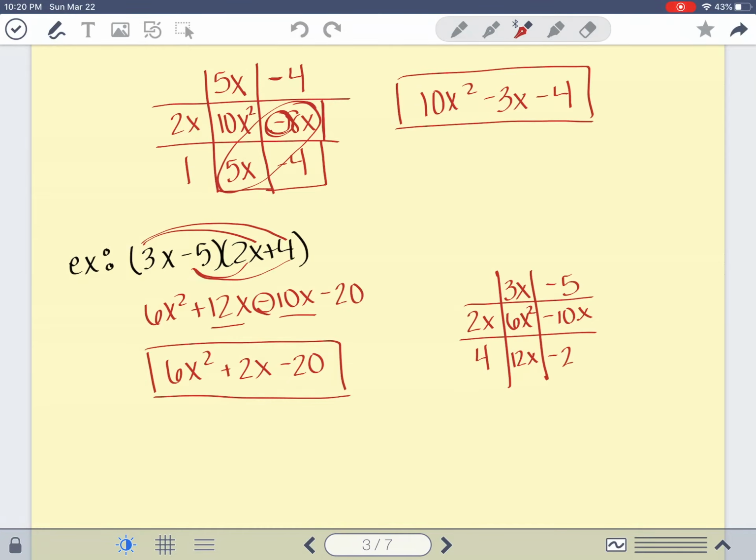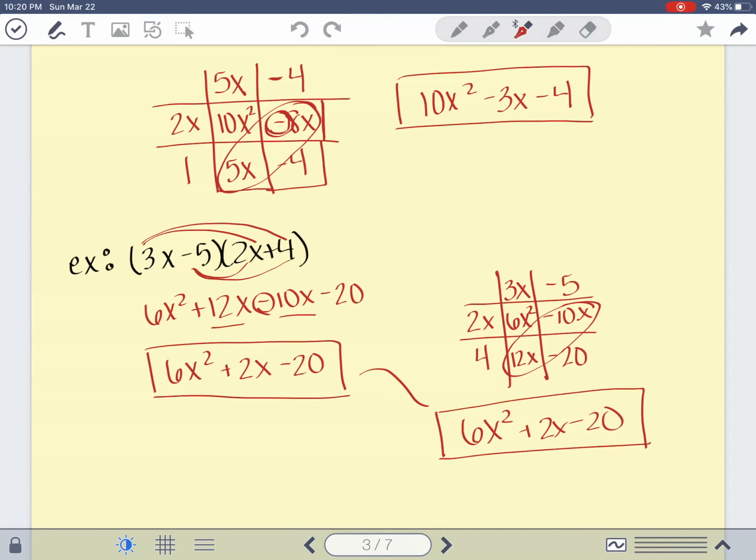And then 4 times negative 5 gives us negative 20. If we combine our like terms, again, we get 6x squared plus 2x minus 20. So again, no matter which way you're doing it, you're going to get that same answer.